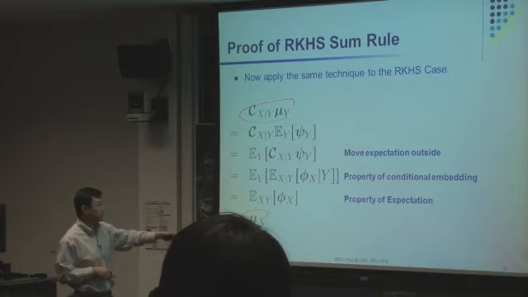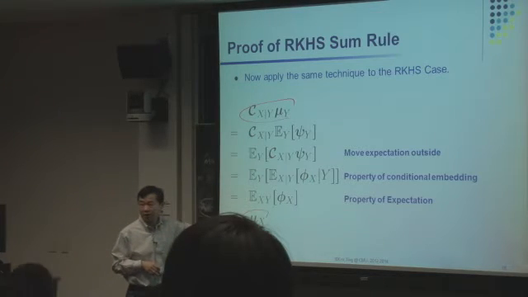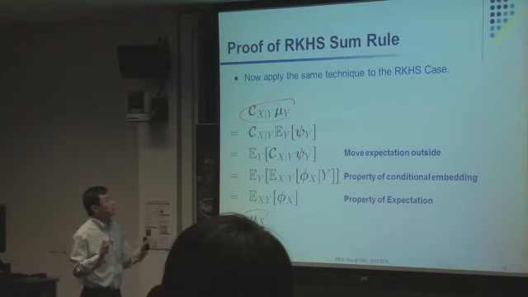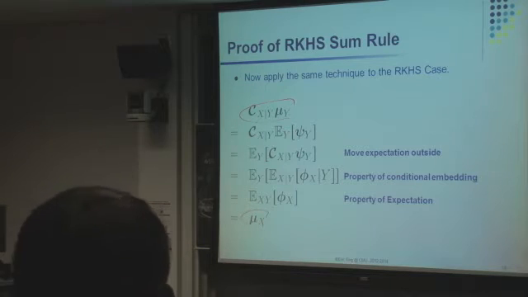And then again, using the property of expectation, these two expectations get merged together, and they are going to be operating on just the phi x function itself. And then this is giving you the definition of the mean map of x. Okay. So now we have a quick proof of the sum rule in the RKHS.